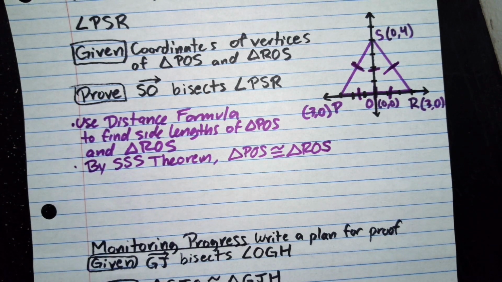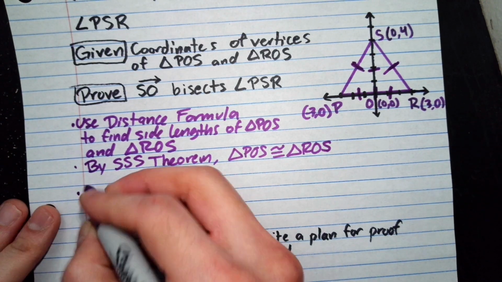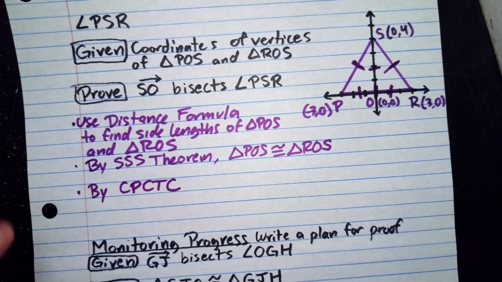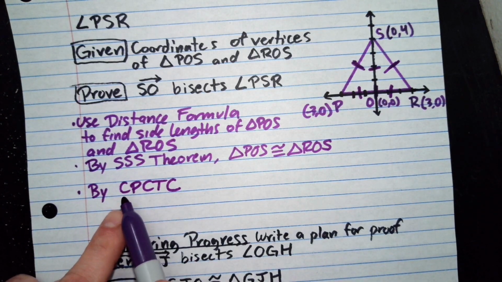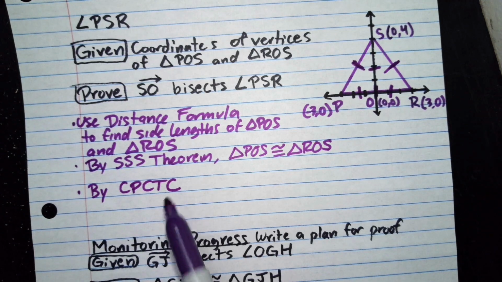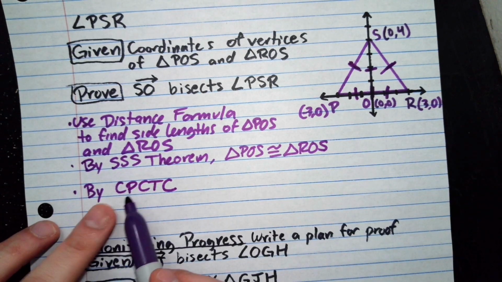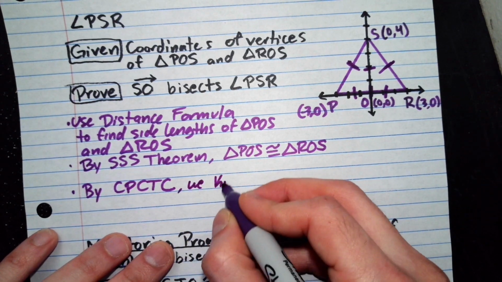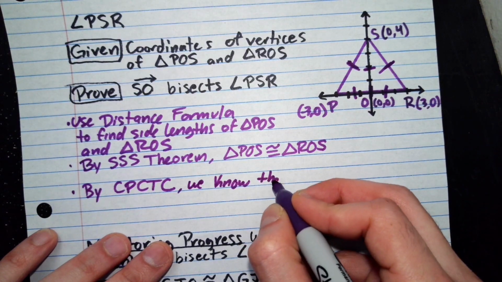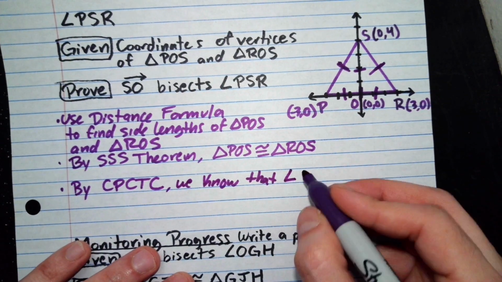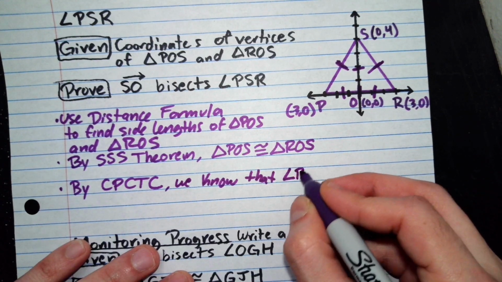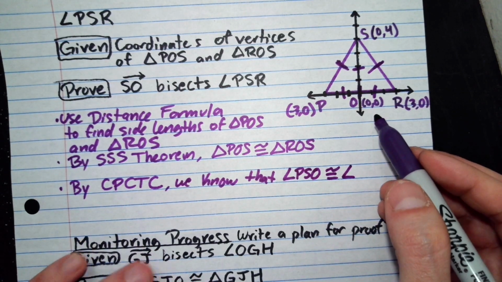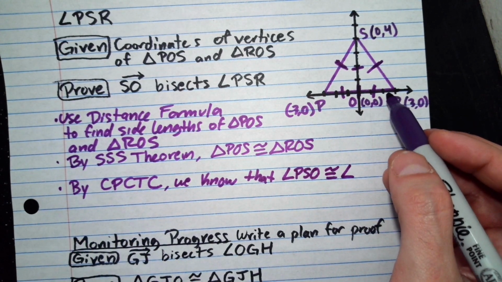And so because both of these triangles are congruent, we can say by CPCTC. Remember, we don't want to write that whole thing, but by the congruence property of congruent triangles, the congruent parts of congruent triangles are congruent. We know that angle PSO has to be congruent to angle RSO.